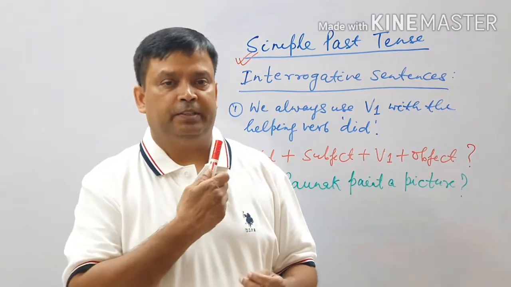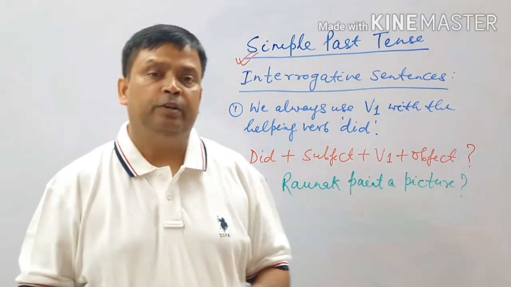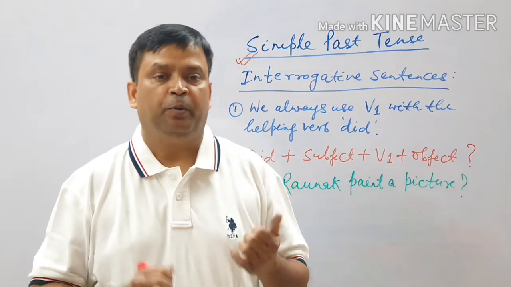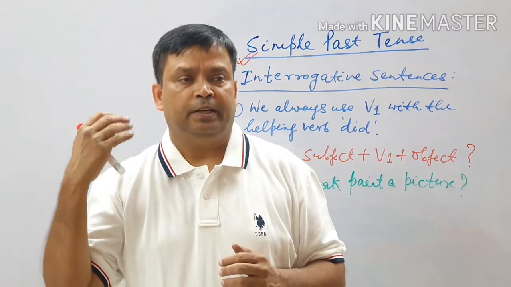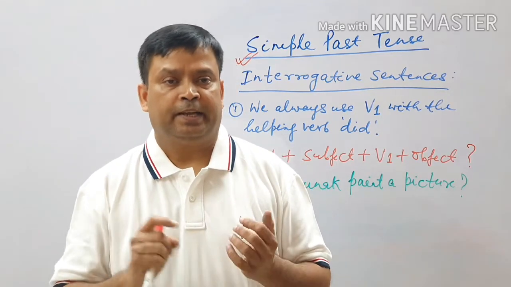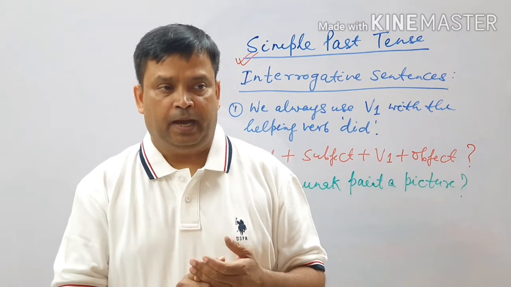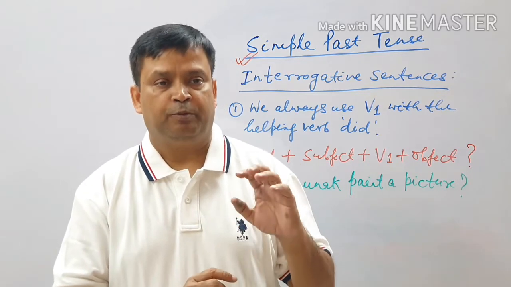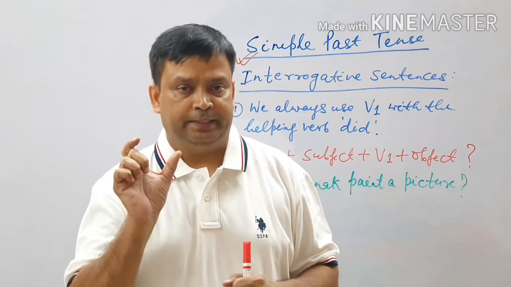Let's talk about the interrogative sentences in simple past tense. As I told you in negative sentence that there can be no negative without a helping verb. The same rule continues in interrogative sentence also, as there can be no interrogative sentence without a helping verb. And we are in simple past tense, and we have to use an additional helping verb from our side, and that helping verb is did.